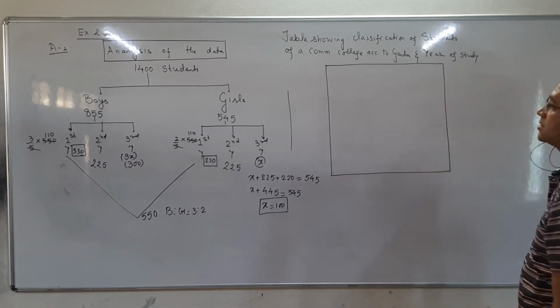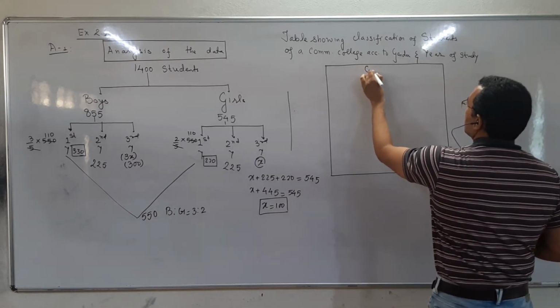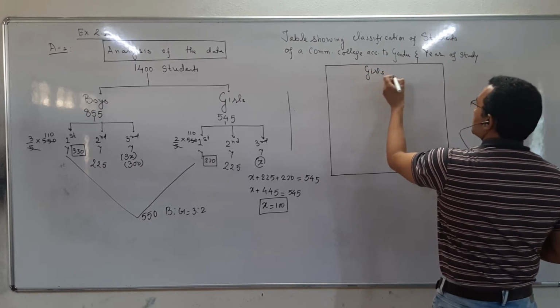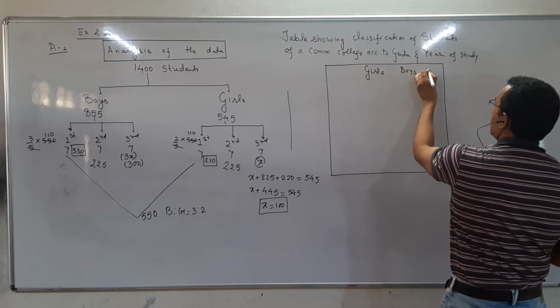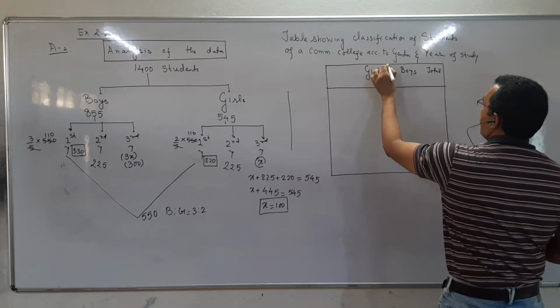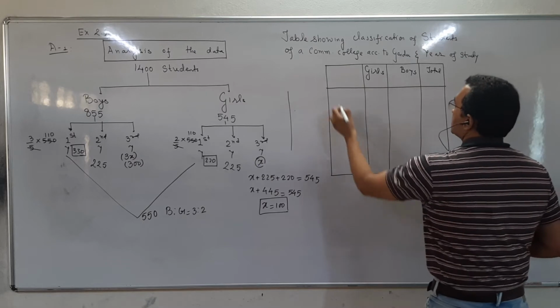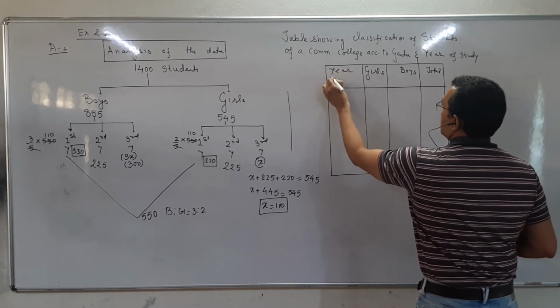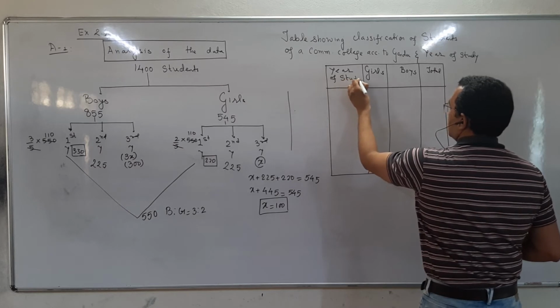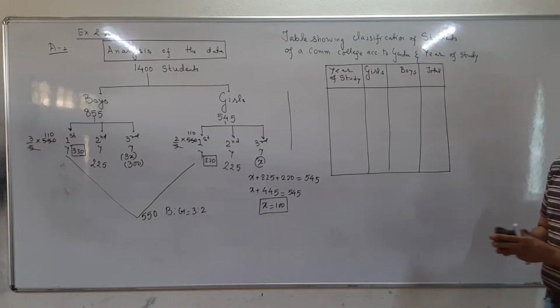Now, which columns to make? Girls and boys. So these attributes right here: girls and boys, and then you will write total. And here you will write year of study. Or even we can write according to gender. If I put gender, then also it is correct.